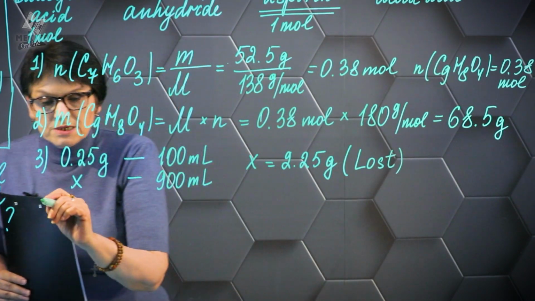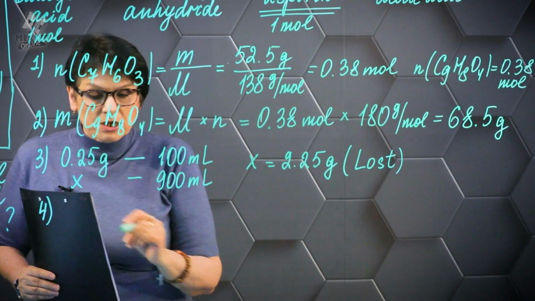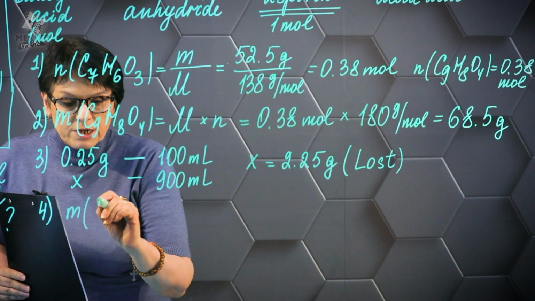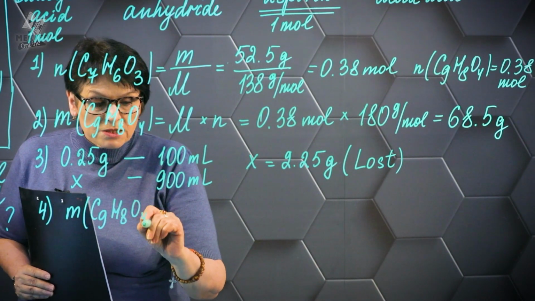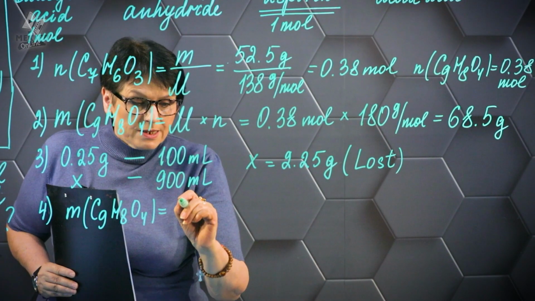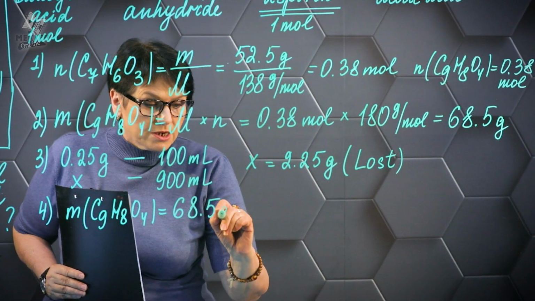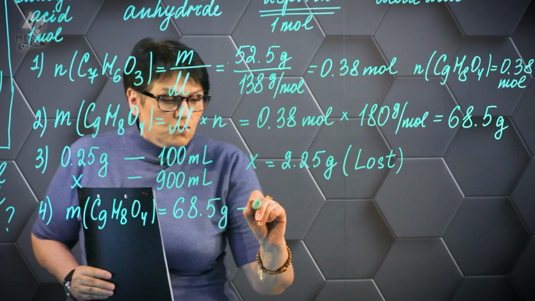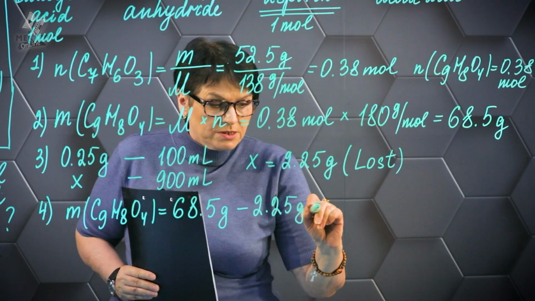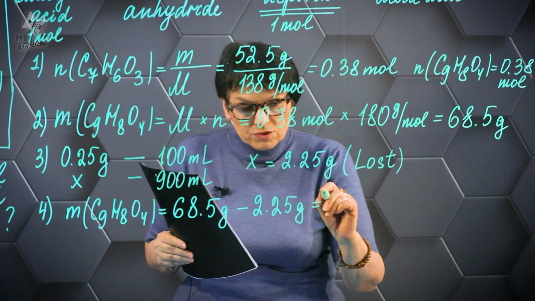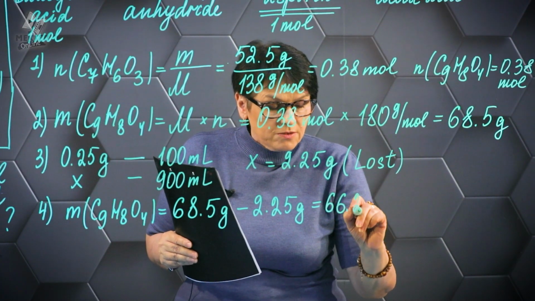Since it will be lost, in the end we have less aspirin. Let's find out how much aspirin we actually have. To do this, from the found mass of 68.5 grams, we take away the amount that is lost through water solubility, and we have 66.25 grams of this substance.